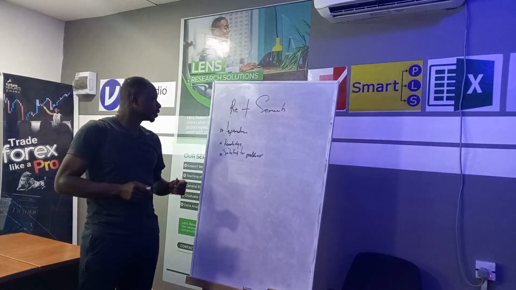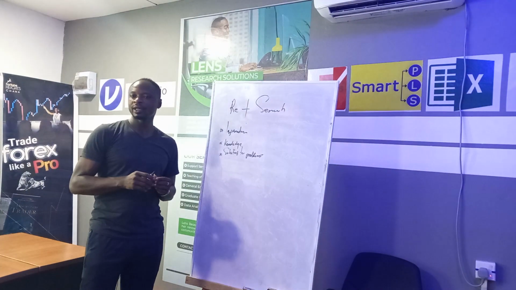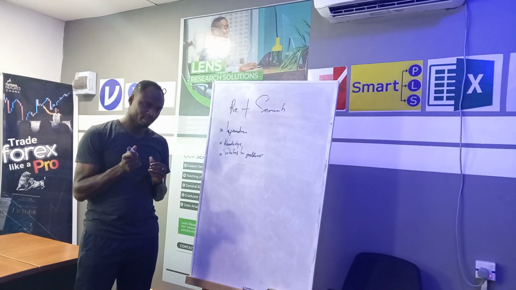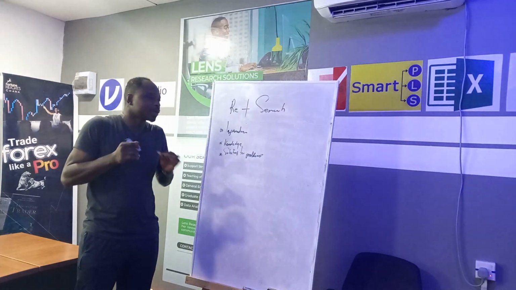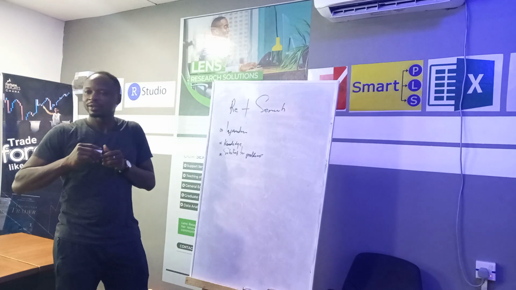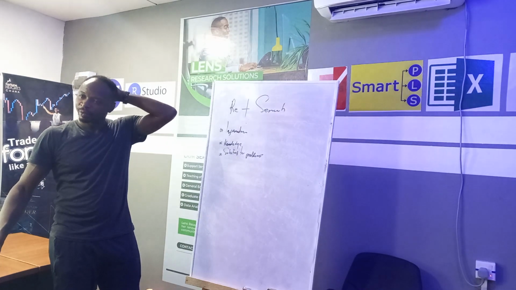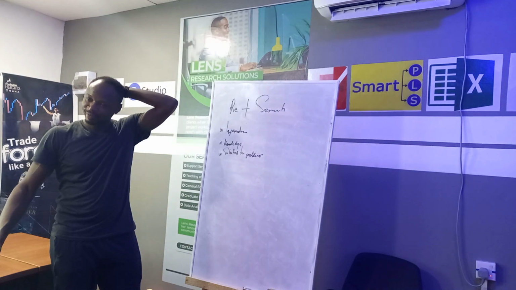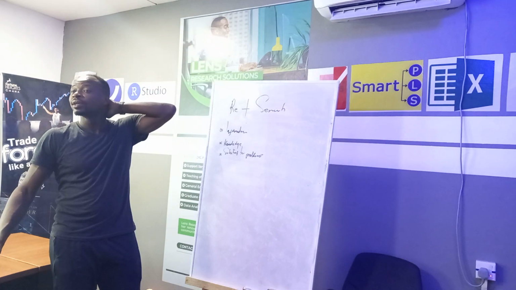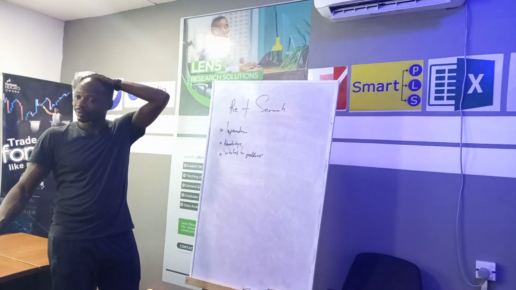So I want to hear a particular word in it, then we can conclude on our understanding of research, or what we search for. When we search, what do we search for? Answers. Answers to what? Questions.